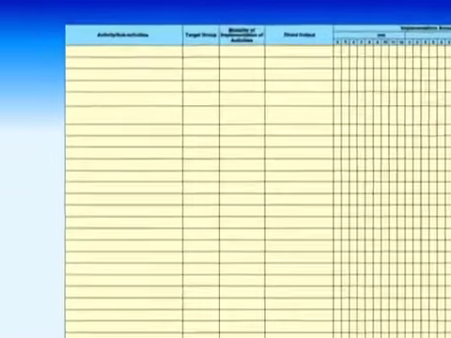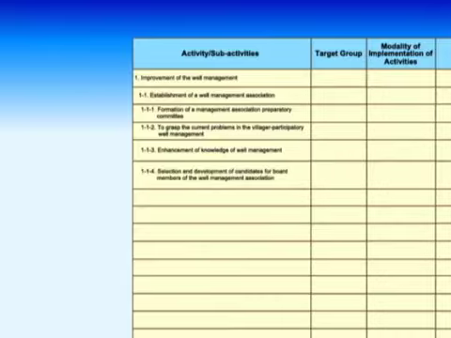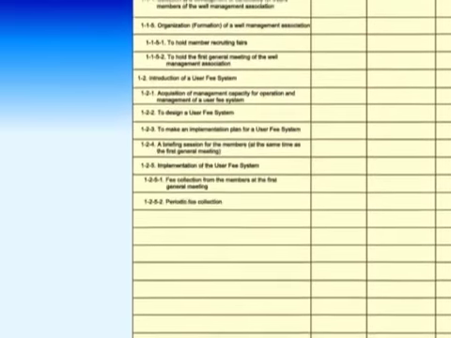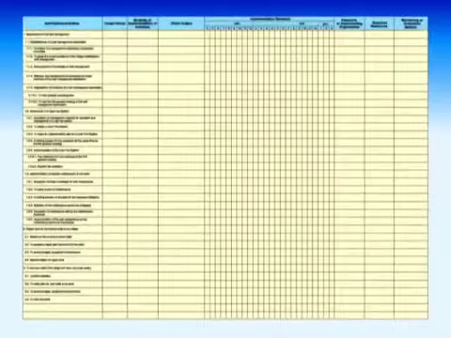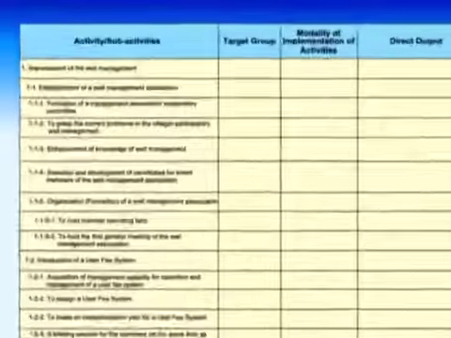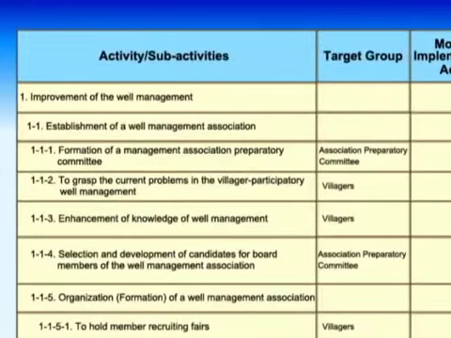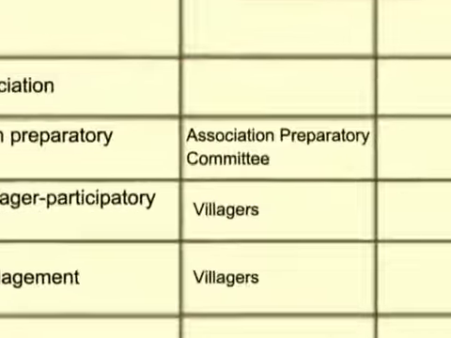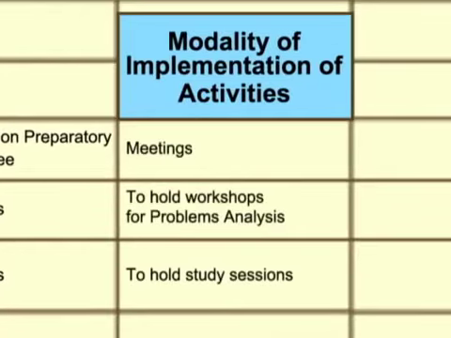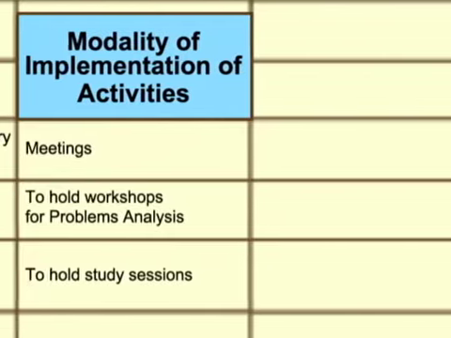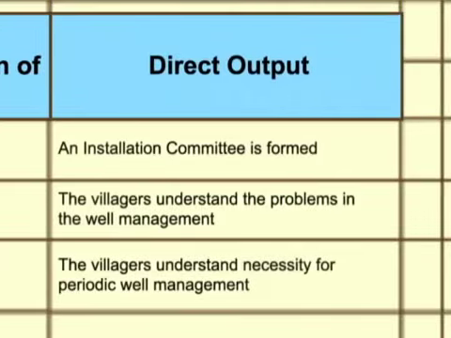First, please utilize your knowledge to write sub-activities concretely in detail with supplemental description if necessary. Then, please write the target for each sub-activity in the target group cells and write the form for implementation of each activity in the modality of implementation of activities cells. The direct output cells should have immediate outputs expected from the implementation of each activity.